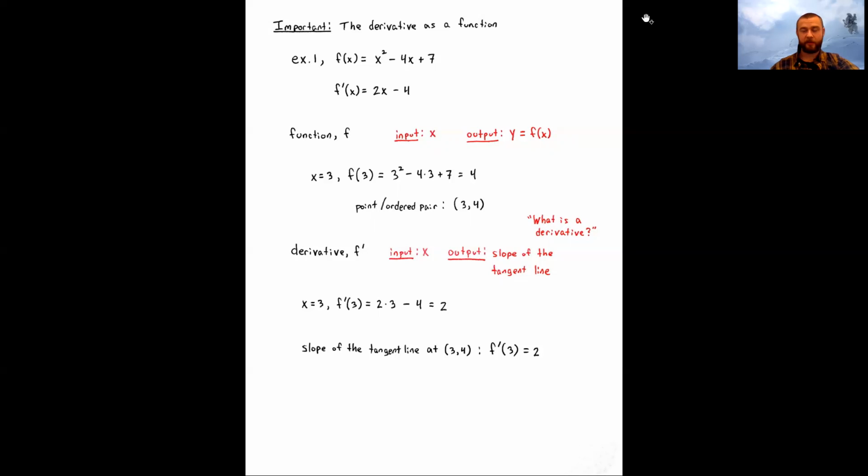And right above, in the middle of the screen, if the x-coordinate is 3, the corresponding point on the graph is 3, comma 4. So here we get this interpretation for f prime of 3 equaling 2. We can interpret this as the slope of the tangent line at the point 3 comma 4. The slope of that tangent line would be 2.